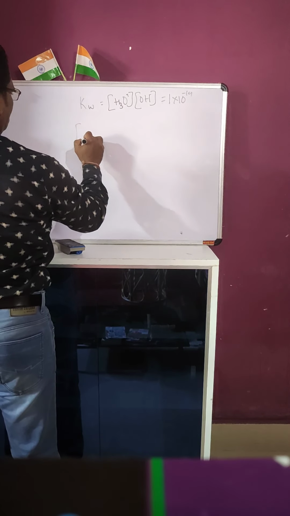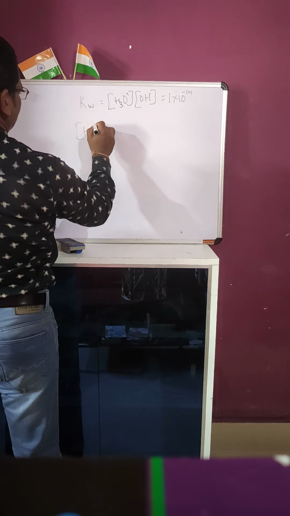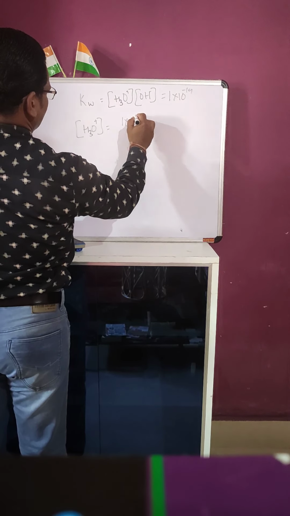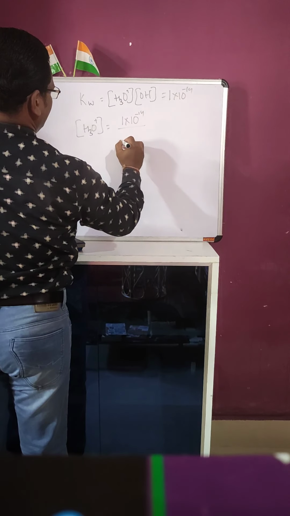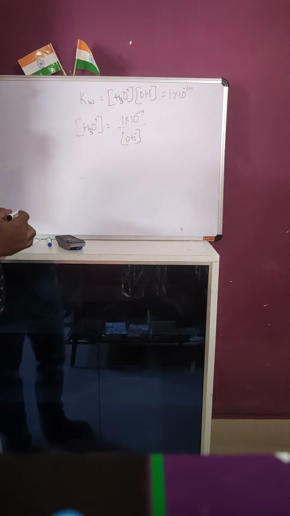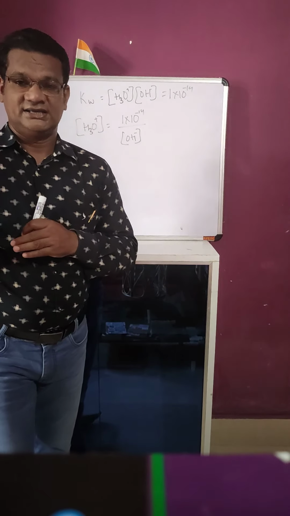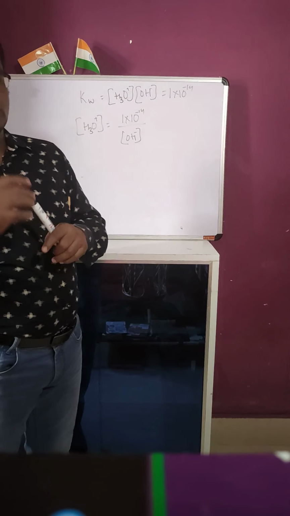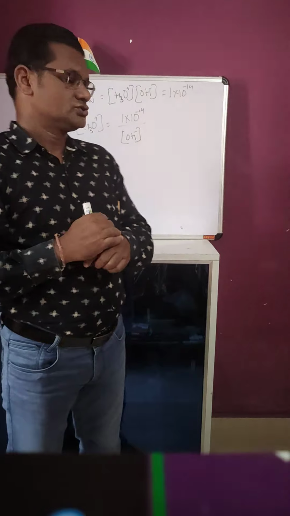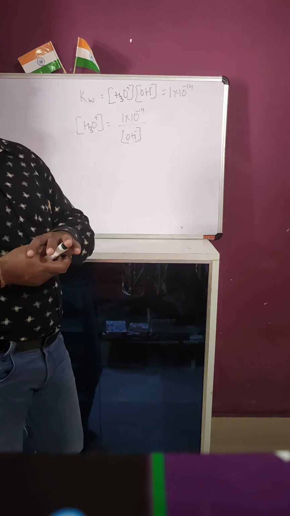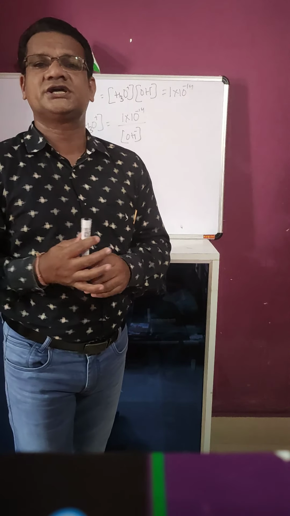So H3O plus equals 1 into 10 to the power minus 14 by OH minus ions. Whenever we add acid, now acid contains H3O plus ions, so the H3O plus ions will increase. Once H3O plus ions increase, OH minus ions will have to decrease.